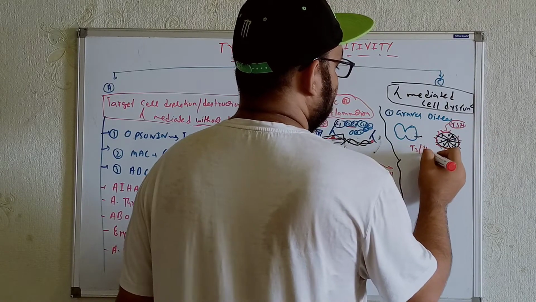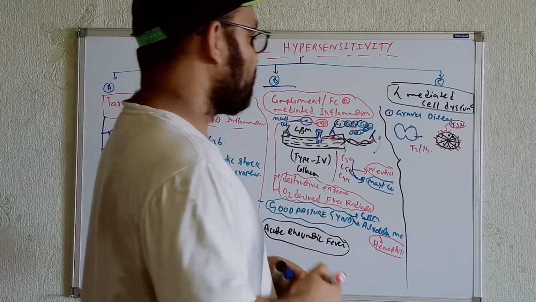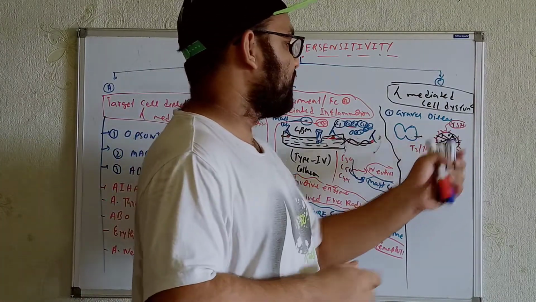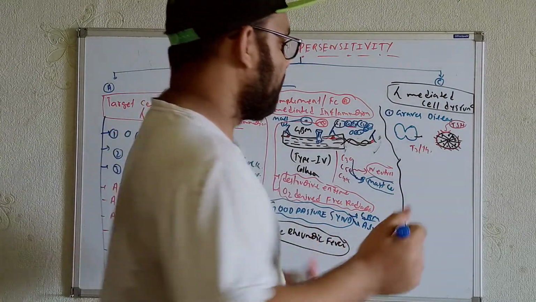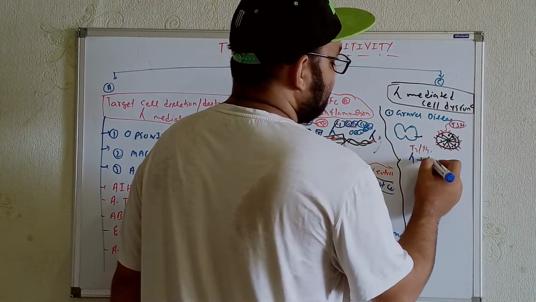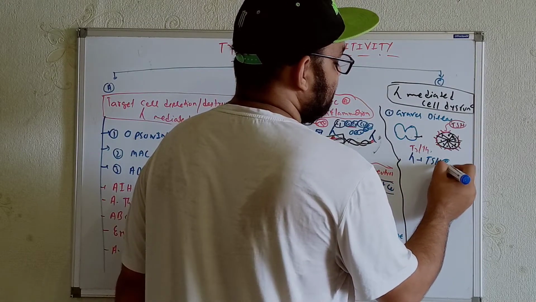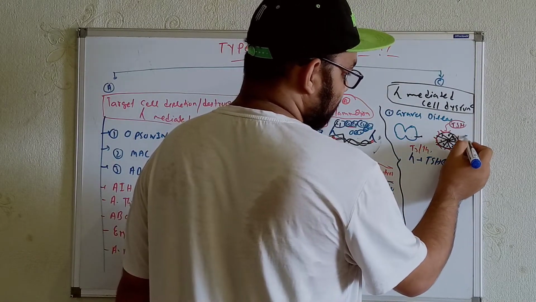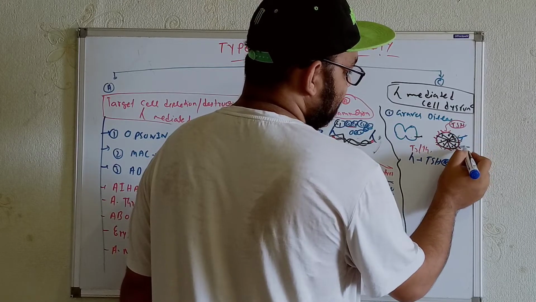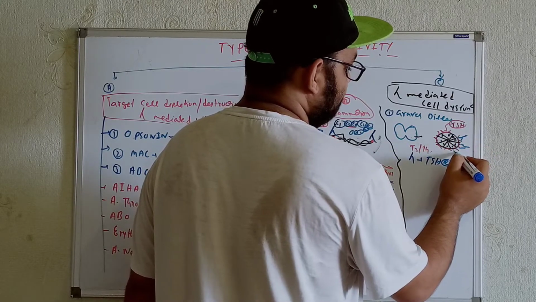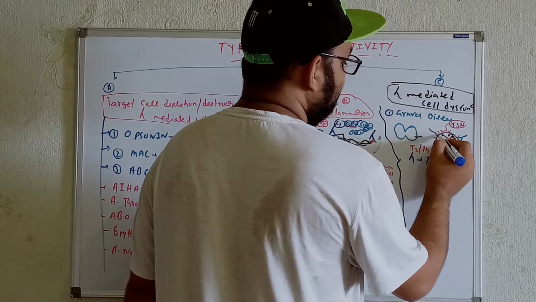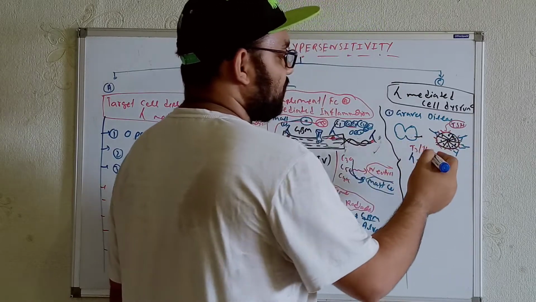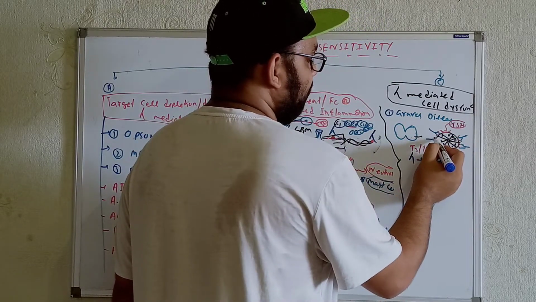T4. Now, for some reason, if we see the production of autoantibodies against the TSH receptors, whenever these antibodies bind to the TSH receptors over here, what type of problem will we see? They will stimulate the follicular cells.